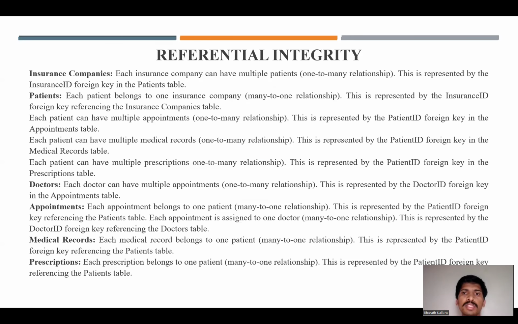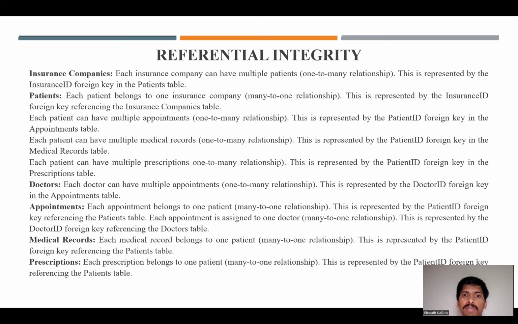And insurance companies is a one-to-many relationship where it can have multiple patients, and insurance ID as primary key related to patient ID, and the patients table is a many-to-one relationship, and each patient can also have multiple appointments, which is a one-to-many relationship. Each patient can have multiple records, one-to-many relationship again, and each patient can have multiple prescriptions, which is also a one-to-many relationship.